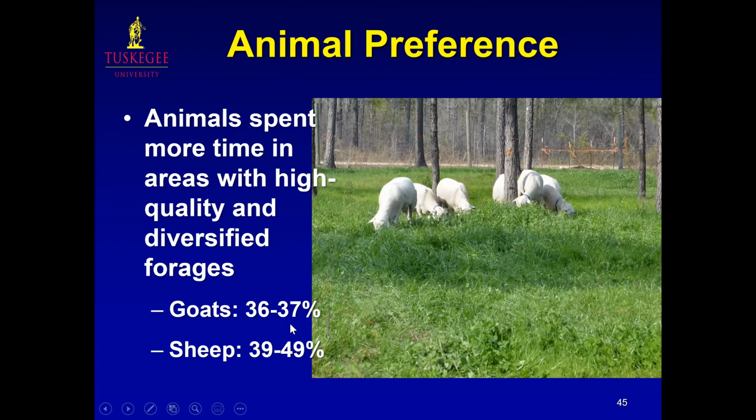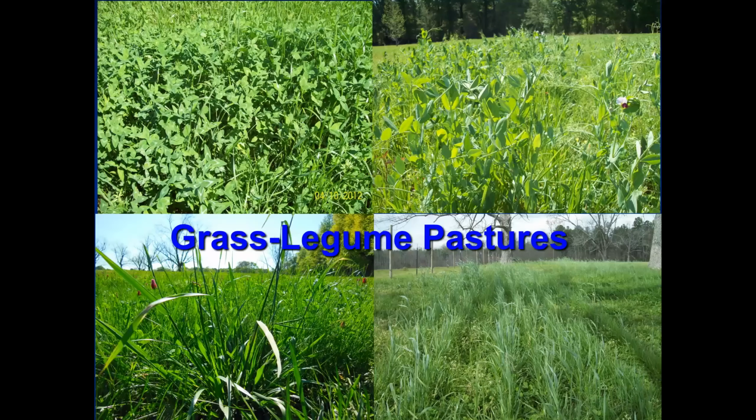So goats spend 36 to 37% greater time in those combination forage areas, and sheep 39 to 49% grazing in that area. So that shows animals also like the area where there are multiple forages versus the sole forages there.